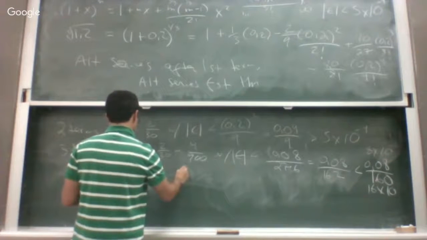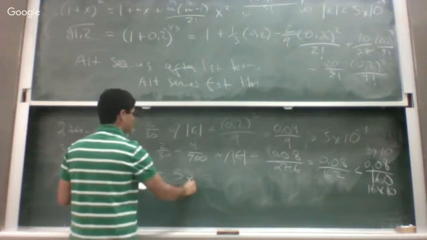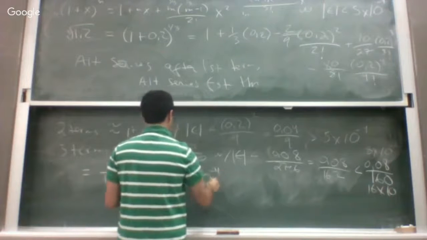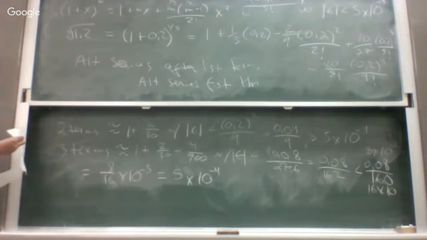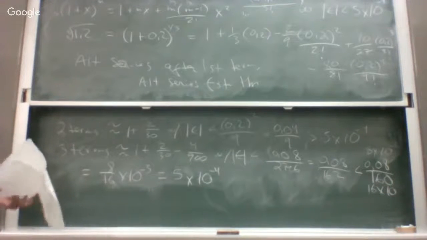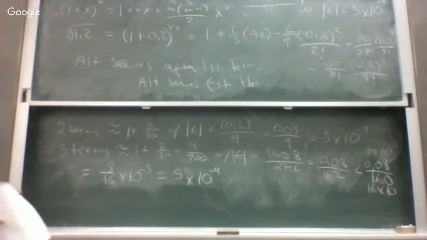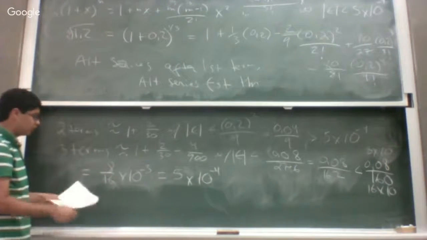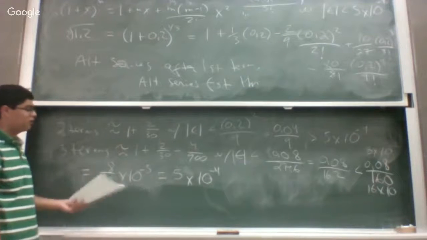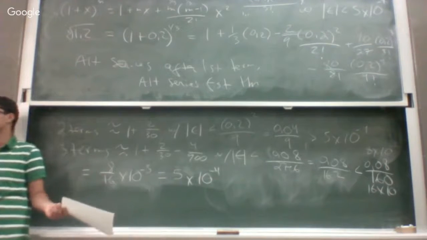That's equal to 5 times 10 to the negative 4, which is what our error was supposed to be. So we found the fourth term to be equal to that error, so we're good. Any questions on this part? We're still not done.